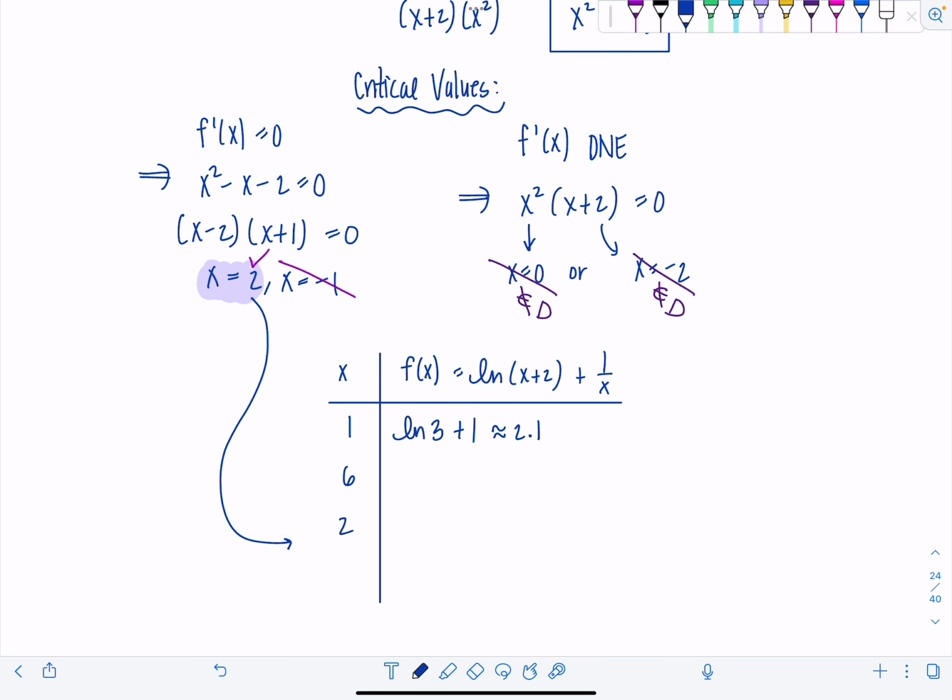F of 6, that's going to be ln of 8 plus 1/6, which is about 2.24. So I'll just say 2.2. And then f of 2, that's ln of 4 plus 1/2, which is 1.9. Well, it's 1.88, and so on.